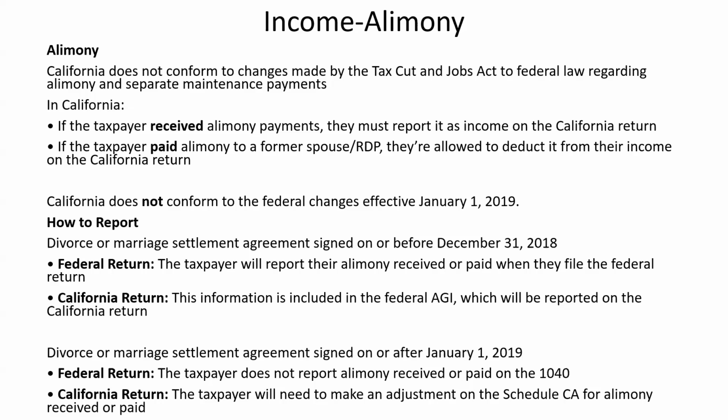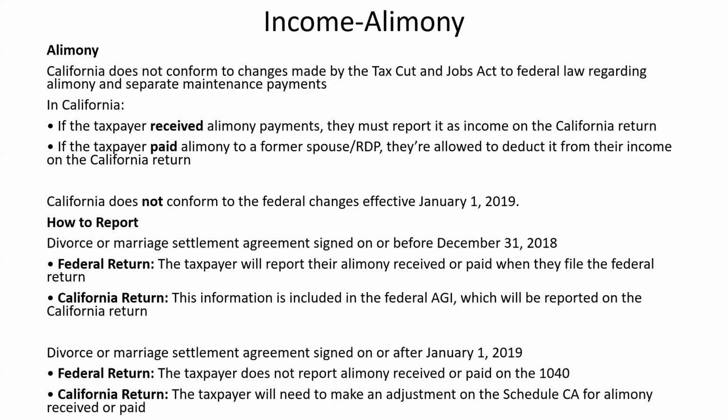For newer divorces, that's the middle section on the screen here, on your federal return you're not going to report alimony received and you're not going to be able to take a deduction. So again, you have to define alimony. And typically when people say, Jerry, I'm paying alimony, I usually respond with, okay, is there a court award? Is there a document that's been issued by the judge? Let's take a look at that.